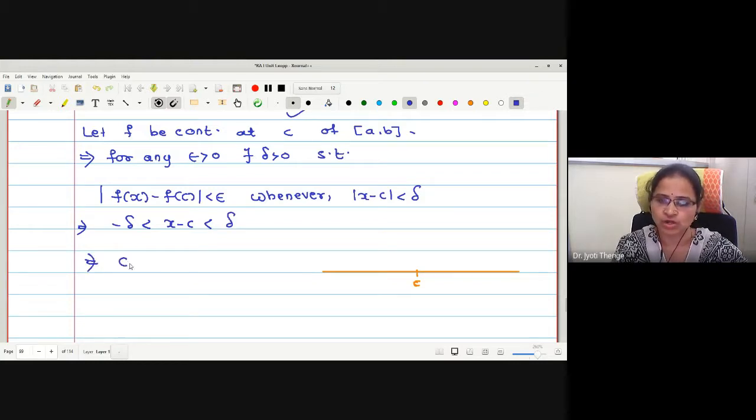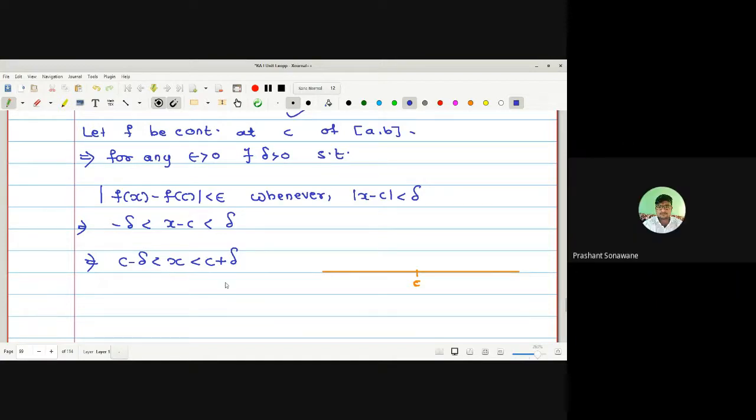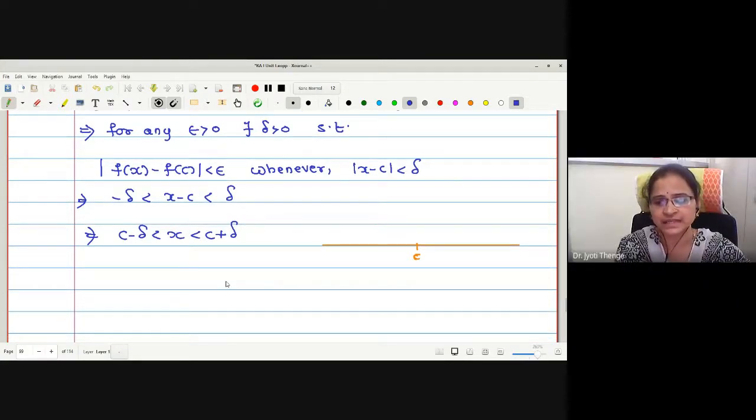Adding c throughout, c minus delta less than x less than c plus delta. That is, the value of x lies in the delta neighborhood of the point C. Are you aware of what is delta neighborhood? Delta neighborhood means delta distance on both the sides, c plus delta and c minus delta. This is the delta neighborhood of the point C.